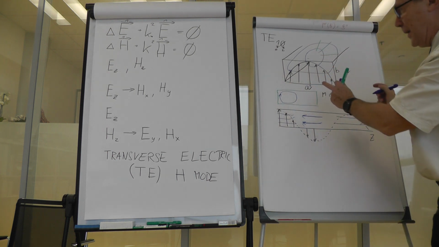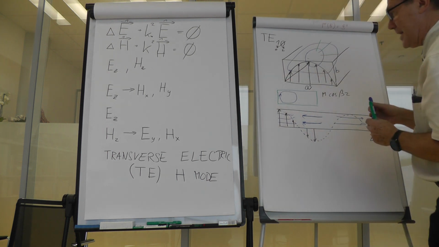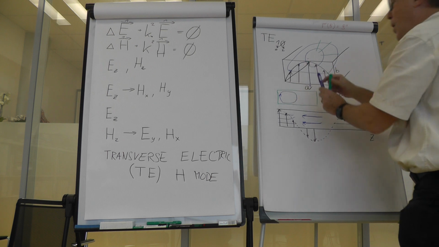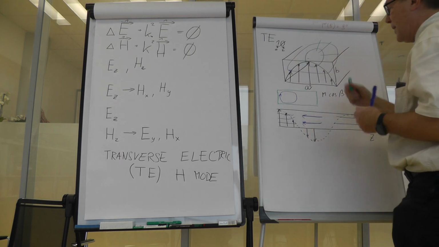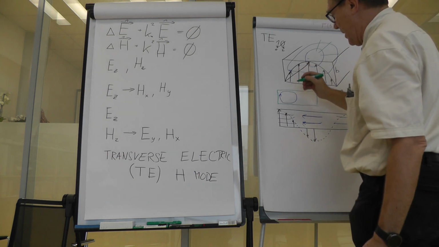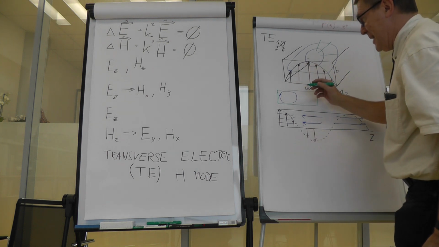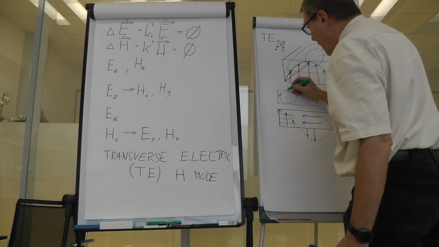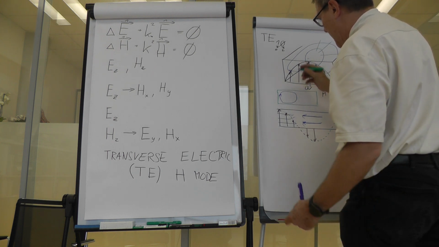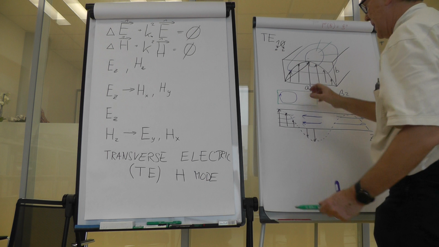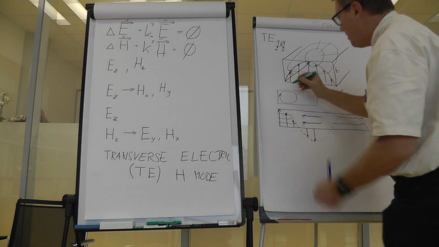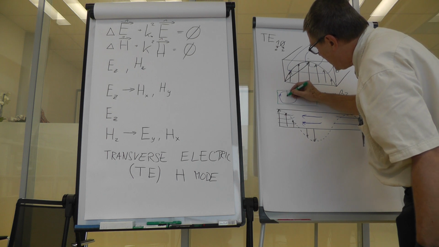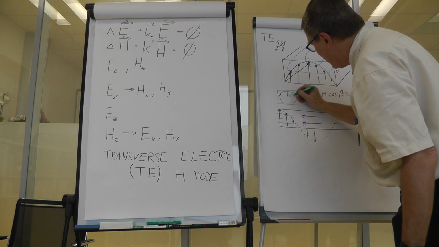This is the magnetic field just inside the waveguide, and on the lid or on the cap of the waveguide there must be a current that fulfills the boundary condition. So if there is a current that flows this way, it would create magnetic field of that way. So it would look like this.